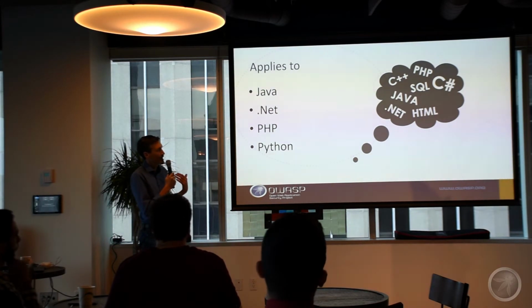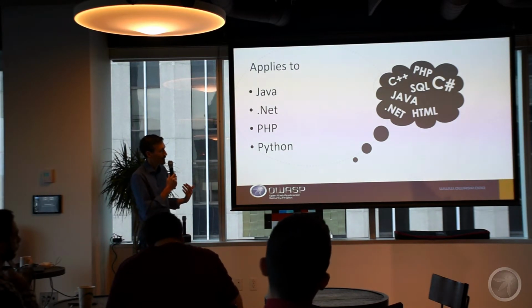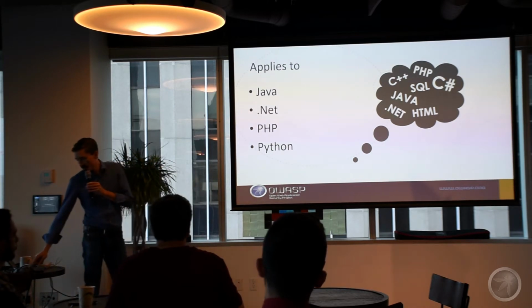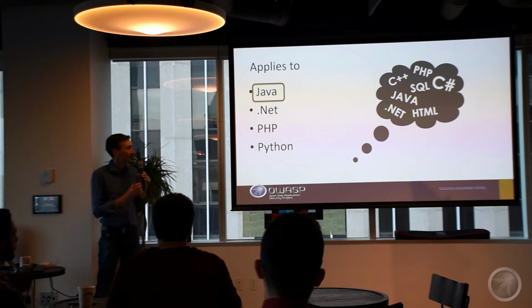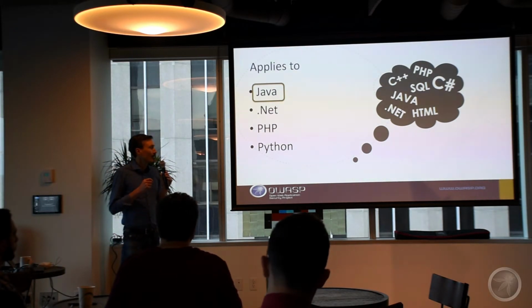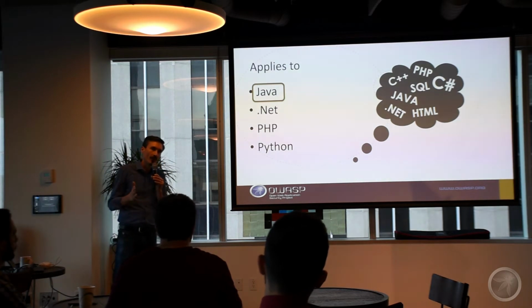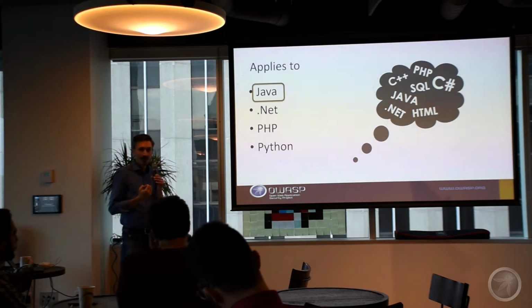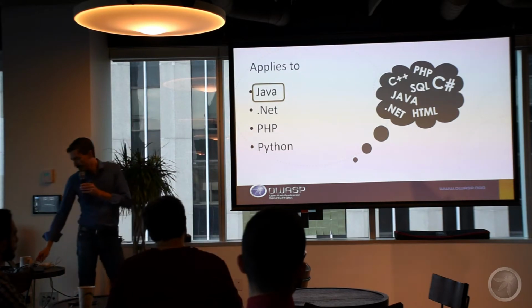All of these are very different in the way they are exploited. So in the interest of time today, I will only talk about Java native deserialization vulnerabilities. Even though it's the same idea in every other language, the way you exploit it is pretty unique in Java, and I will explain.